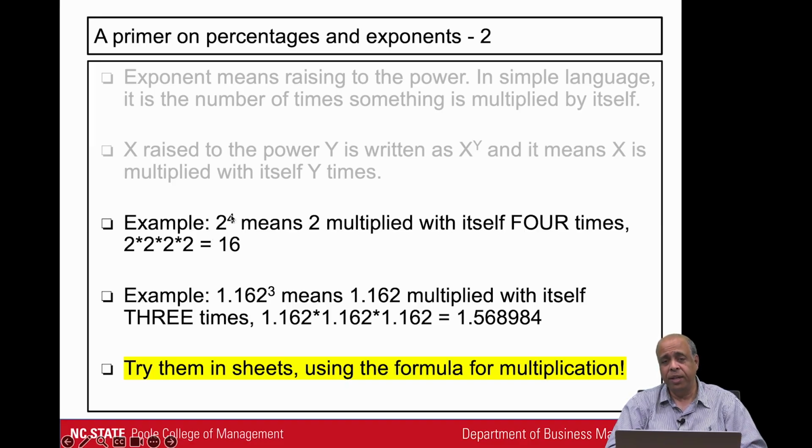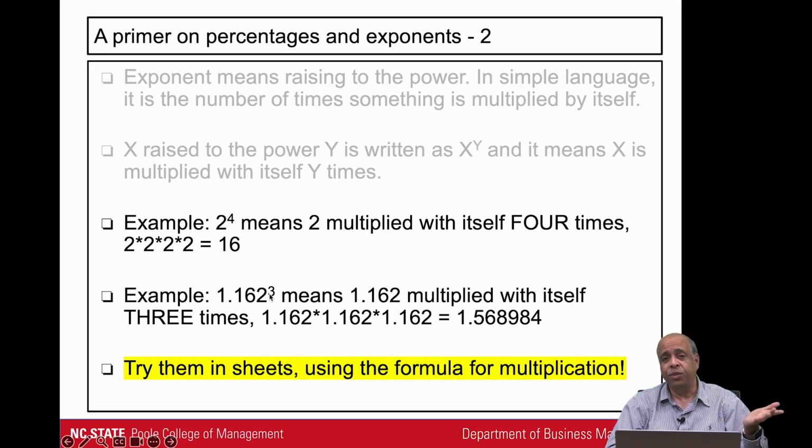Okay, what does this mean? It means 2 is multiplied with itself 4 times. So that basically means 2 times 2 times 2 times 2. All right, 2 multiplied with itself 4 times: 1, 2, 3, 4. And the answer should be 16. If I, for example, have 1.162 raised to the power 3, what does this mean?